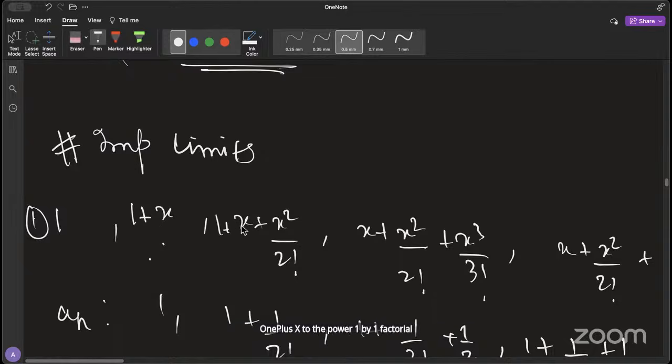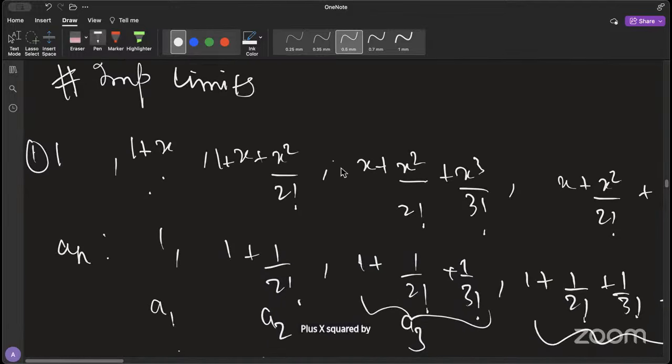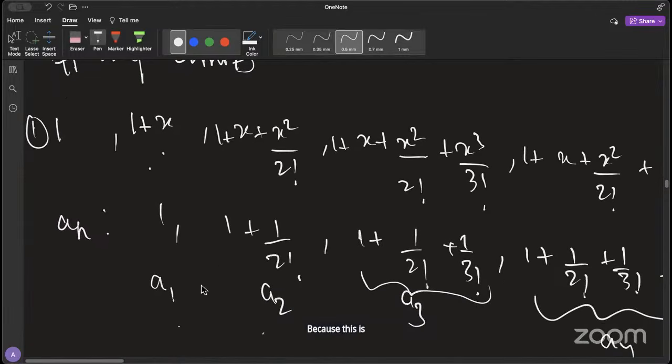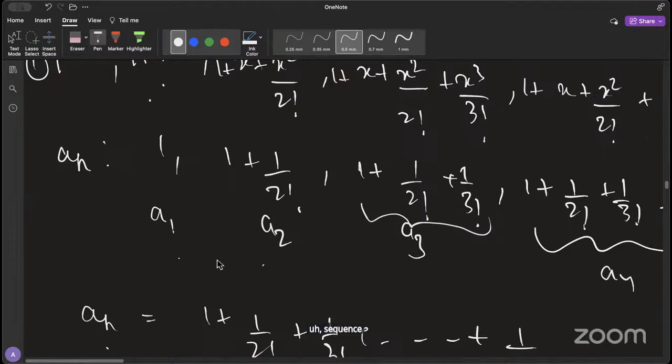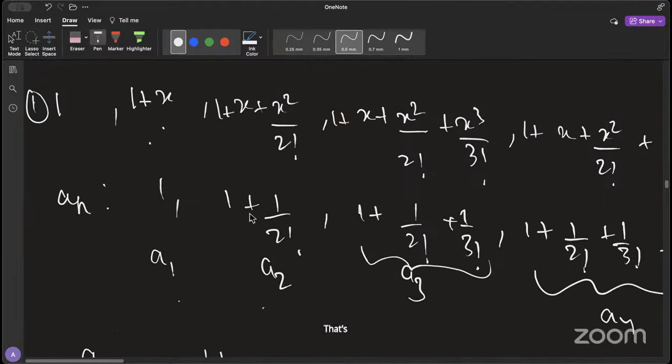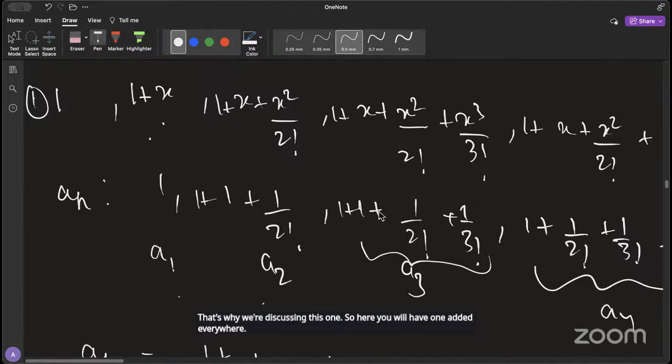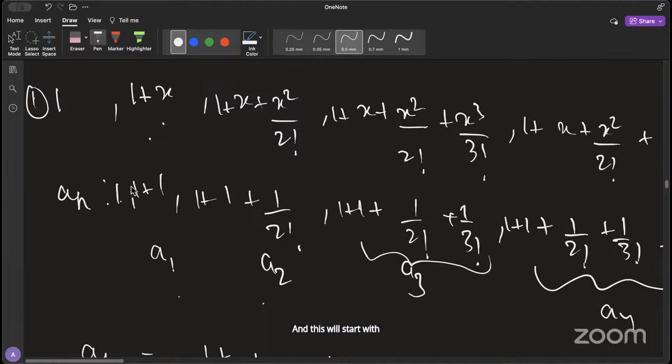Then you will have 1 plus x square by 2 factorial. We have just added 1 everywhere because this is a special kind of sequence which has a special limit. That's why we're discussing this one. So here you will have 1 added everywhere. And this will start with 1. So your first term is this.